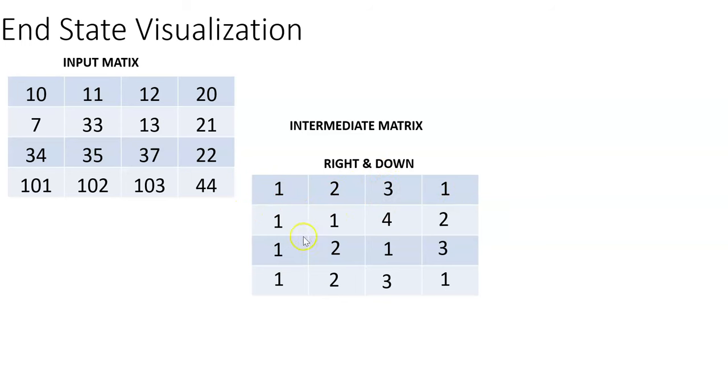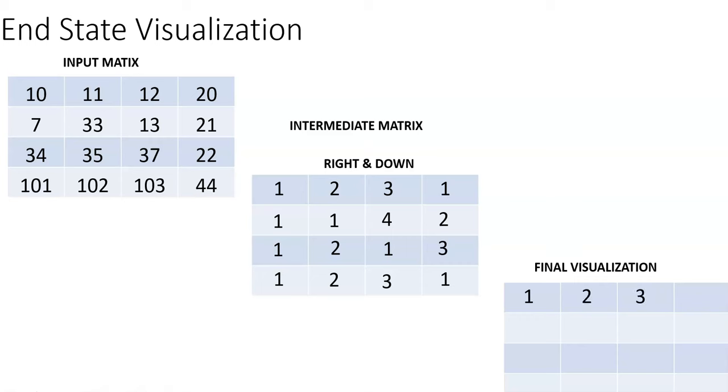Similarly, when you look at this matrix, 10, 11, 7 and 33, the maximum value is 2, because of 10 and 11. So here the answer 2 should be there. So that's how we'll construct the end state table. So let's look at the end state table now. So here 1, 2, 3, and here the value 3 comes, because if you look at 10, 11, 12 and 20, the maximum value or the longest path is 3.